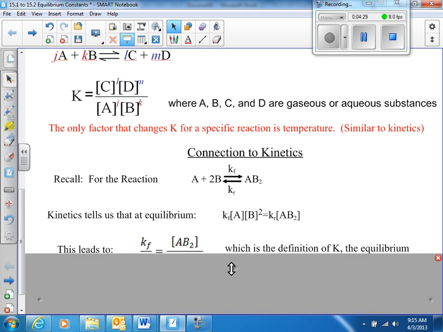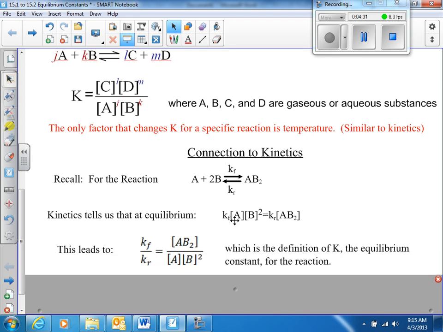Now if we isolate this to get Kf over Kr, we just pull Kr over to the left, we pull AB squared over to the right, we get this expression right here, and you should notice this looks just like K. We have products over reactants. So the equilibrium expression for this reaction right here would be AB2 over A times B squared, and that's K.